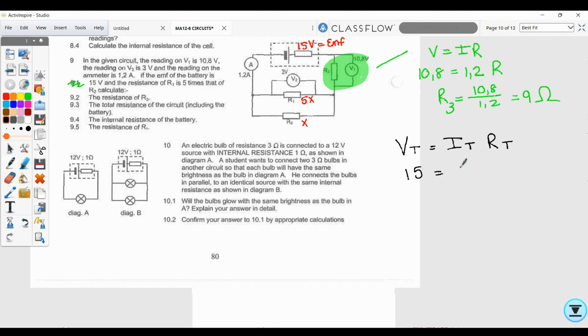Do I know what the total current is? Yes, it's 1,2. Again, no secret information. If you stick to V equals IR, your life becomes super easy. R total is going to be 15 divided by 1,2, which gives you 12,5 ohms.